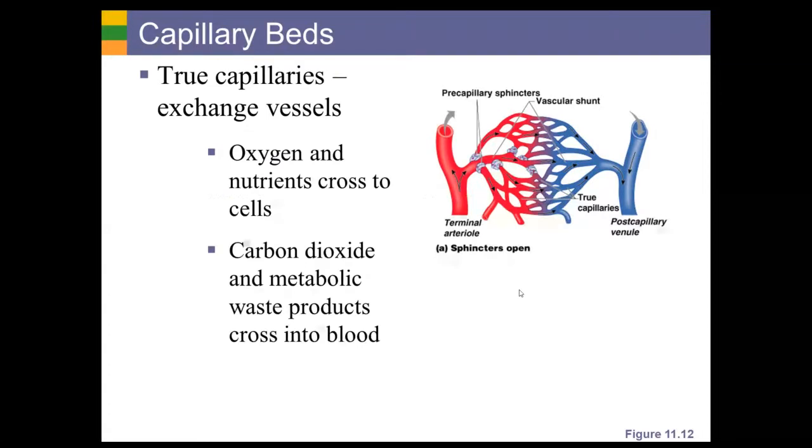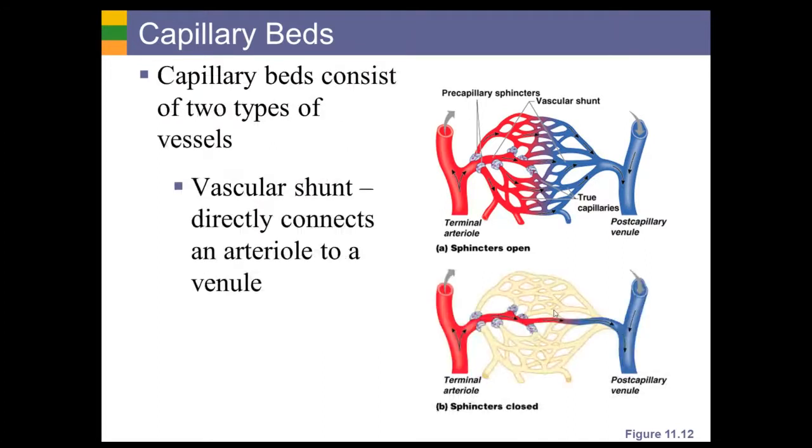However, my guess is most of you are sitting down right now. You're not really using the muscles in your legs to do much. So what's happening there is probably those little sphincter muscles in the capillaries of your leg muscles are contracted. And there's decreased blood flow to those capillaries, and instead it moves through what's called the vascular shunt, right?